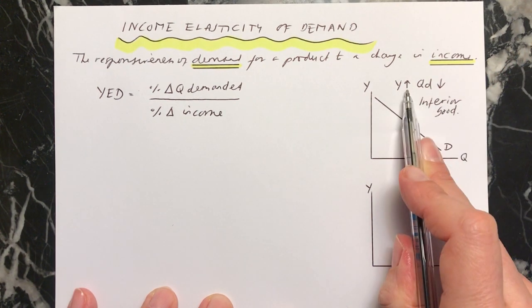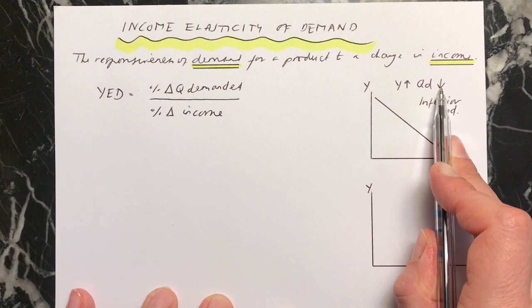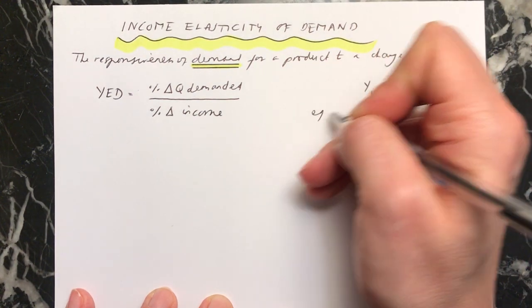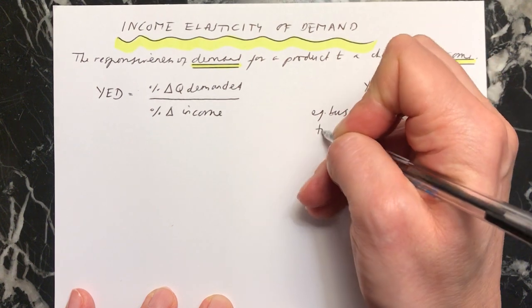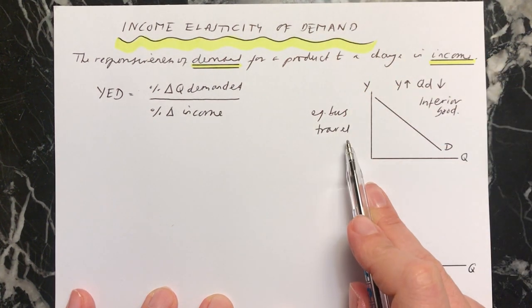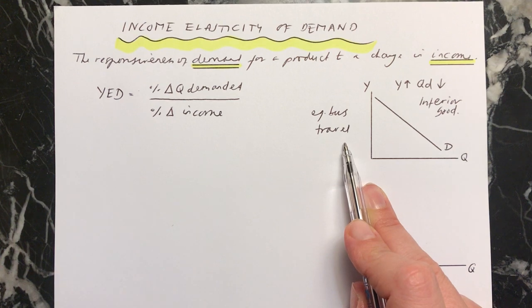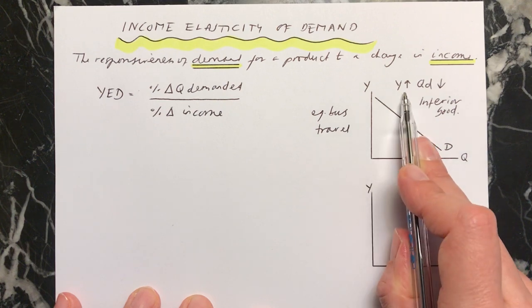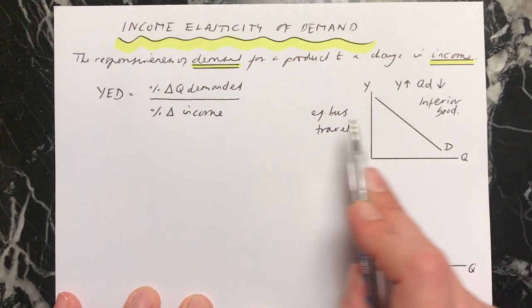So this is something where when your income goes up, you don't want as much of it. And an example of this would be bus travel. Because generally speaking, when people's incomes go up, they prefer to have their own car or to take a taxi or perhaps to take the tube in London. So as their income goes up, the demand for this type of product goes down.